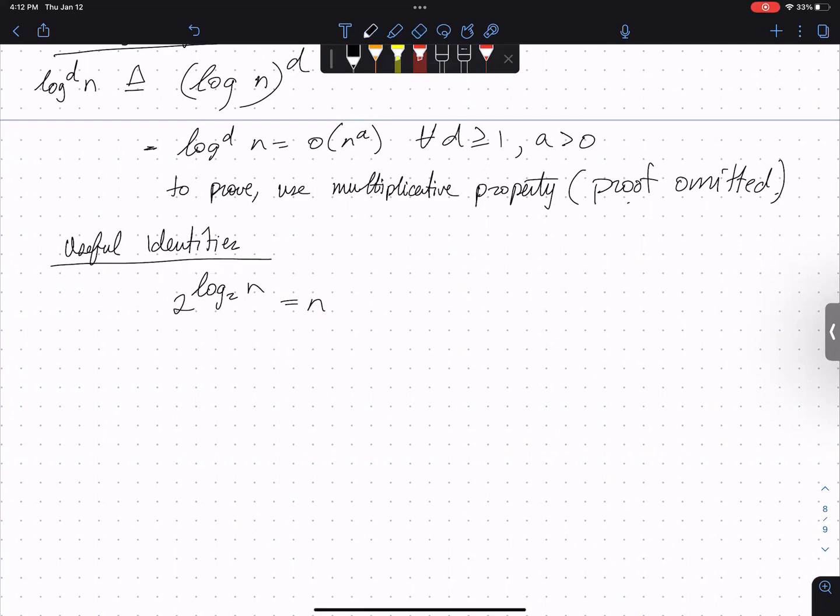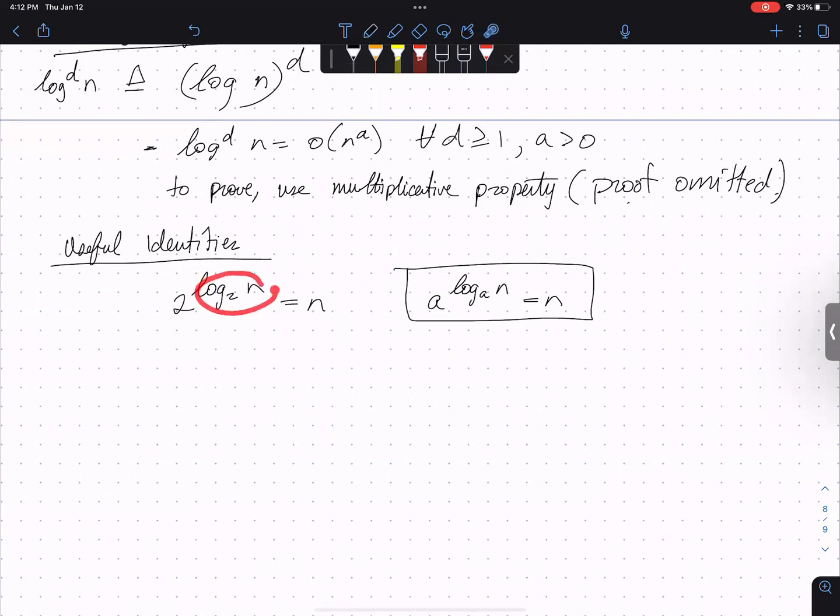The general property of logs is that a to the log base a of n equals n. Like if you think about this, what is log base 2 of n? You need to raise 2 to this power to get n. So if you now take 2 and raise it to that power, you get n. That's true for any log, for any base.